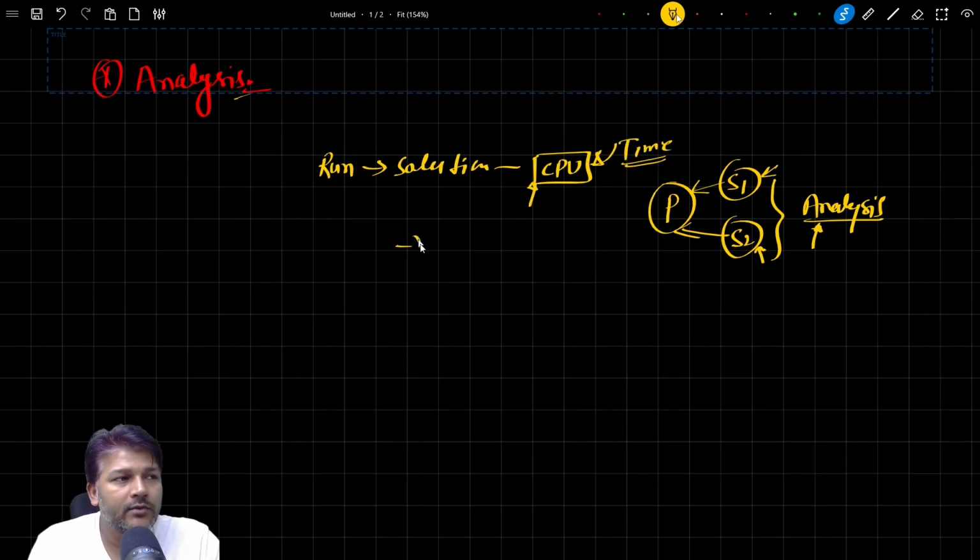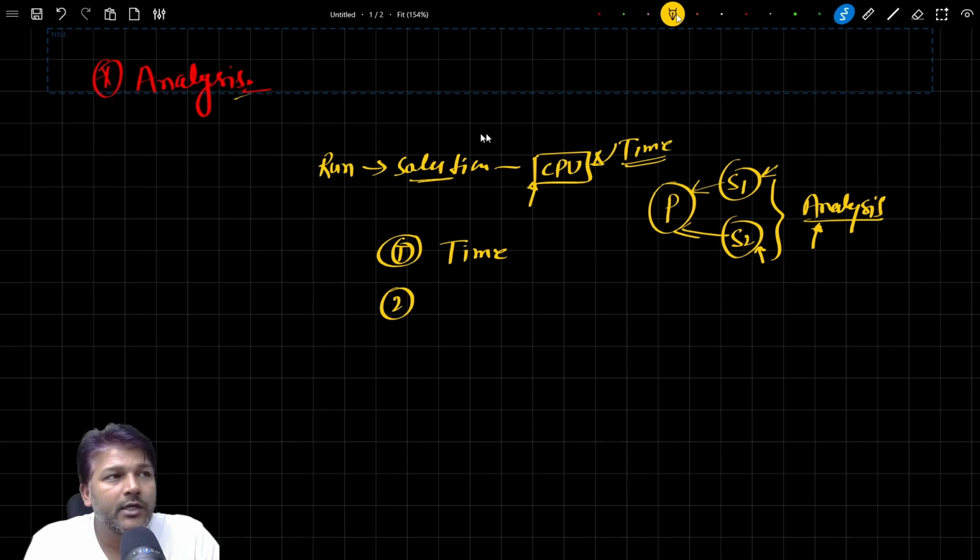So normally we say time, how much time it is going to take to solve the problem, right? The first parameter is time. Second parameter: when we run this algo, this solution, it will occupy some memory in the RAM at the time of running.